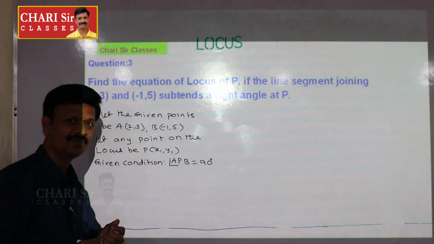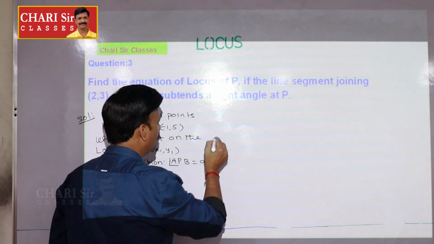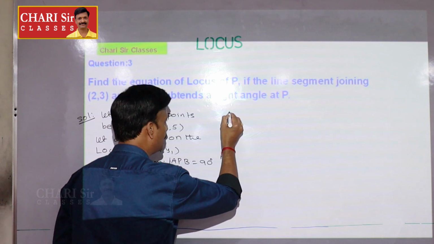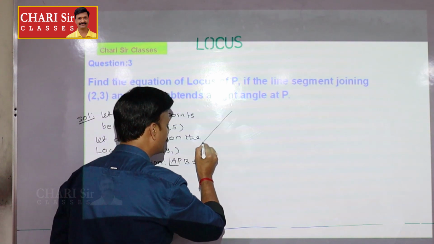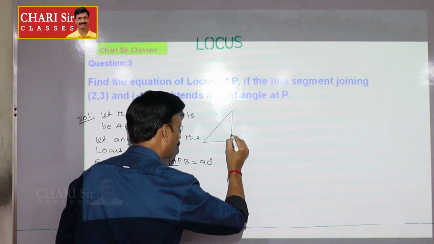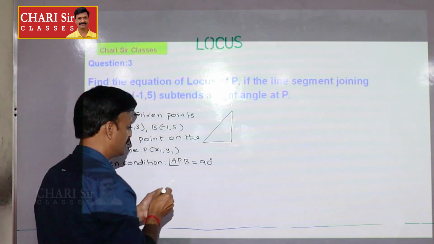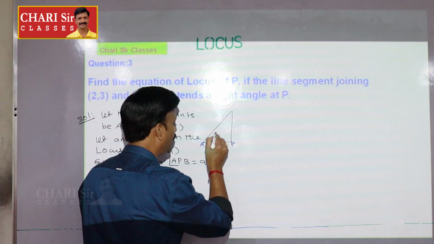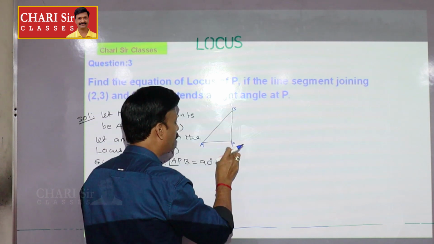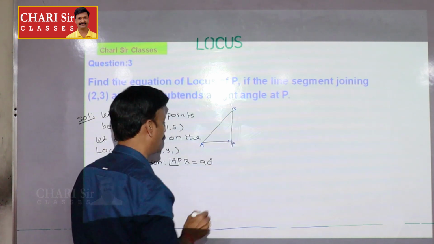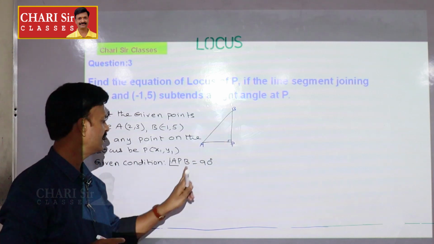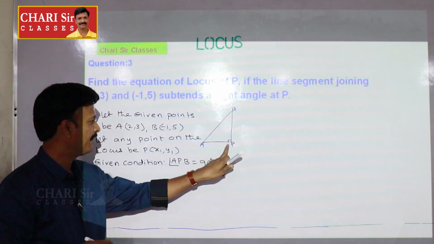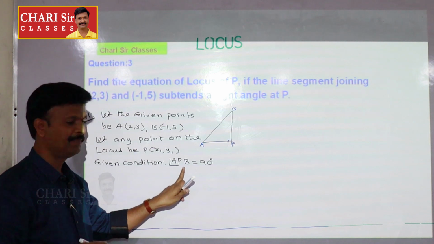Angle APB equals 90 degrees, and with this you can form a right angled triangle like this. If you draw this, here this is point P and this is point A and point B. APB is a right angle triangle where the right angle is at point P.